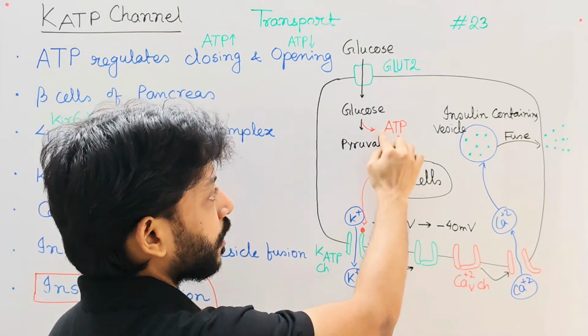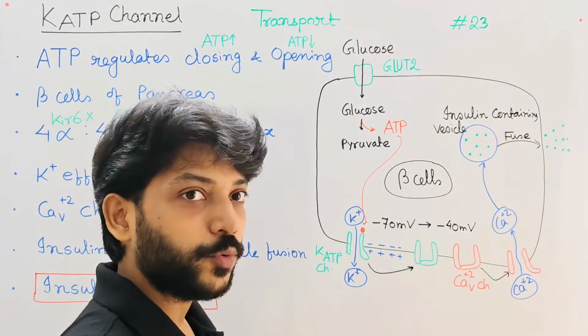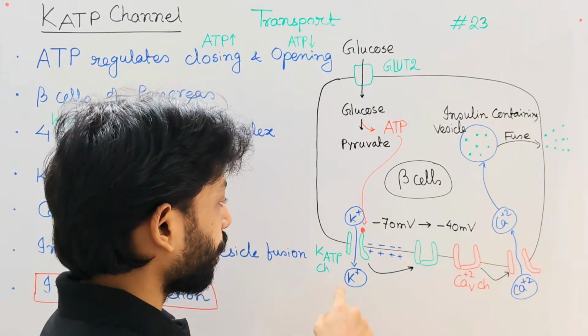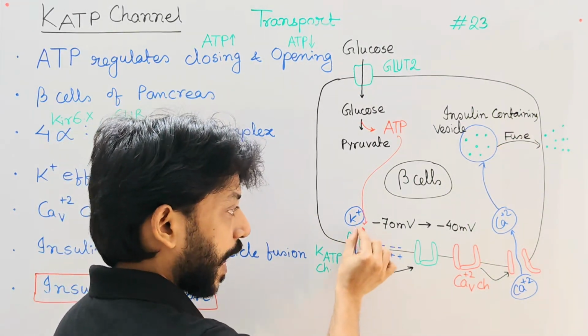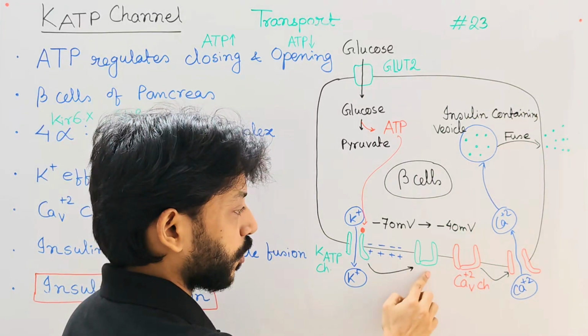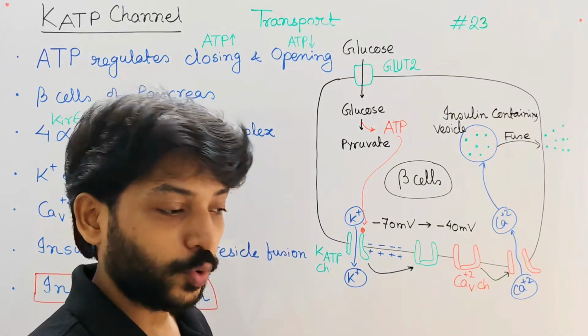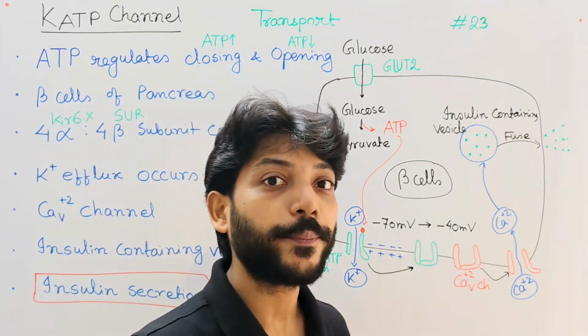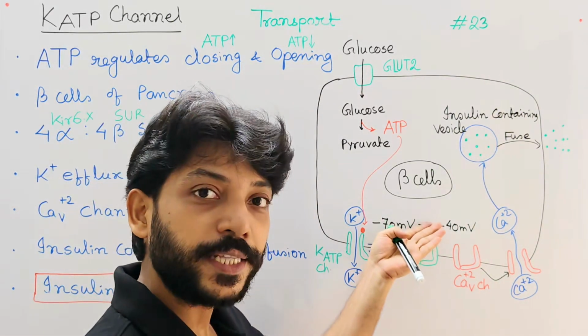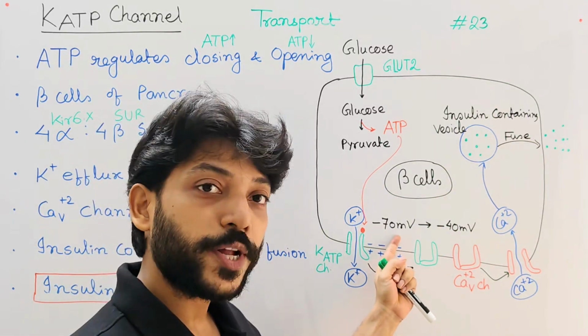Now when ATP concentration increases in the cell, this ATP binds with these potassium channels. When potassium channels attach with this ATP, they become closed. So potassium cannot come out of the cells. When potassium cannot come out, what will happen? More potassium will remain inside, and that will increase the membrane potential.